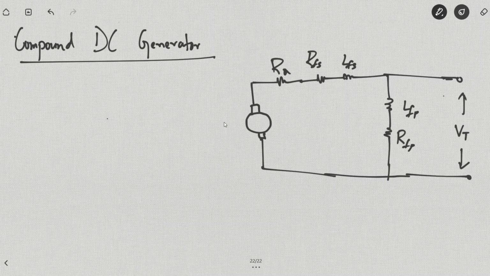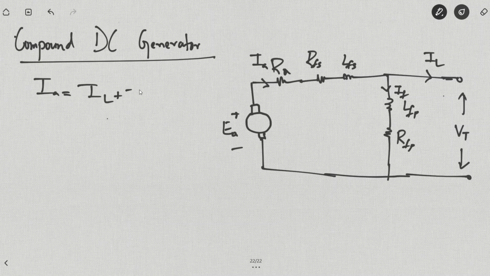So this is EA minus current IA, the armature current is flowing through this winding. IF is flowing through here, IL is flowing through here. So you have IA is equal to IL plus IF in this case, which implies IL is equal to IA minus IF.